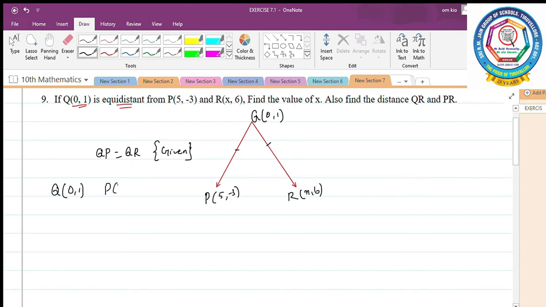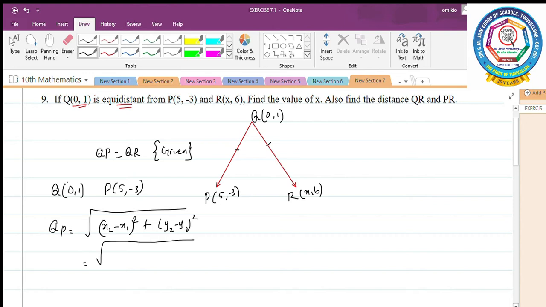P coordinate 5, minus 3. So if 2 points are given, what is the distance formula? QP equal to square root of (x2 minus x1) the whole square plus (y2 minus y1) the whole square. This is x1, y1, this is x2, y2.